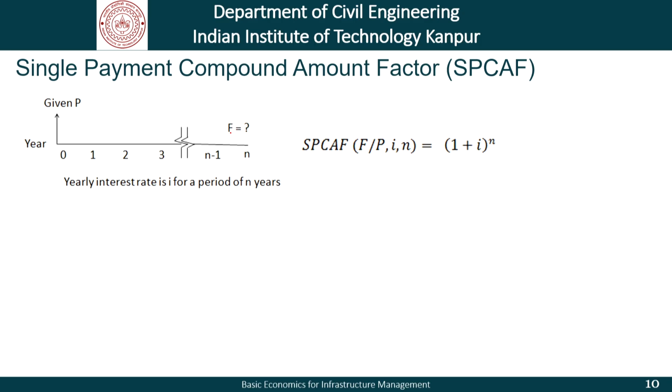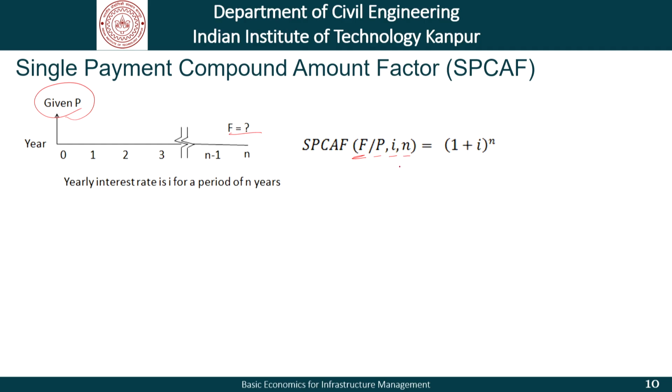Now, to explain some of these ideas here in single slides, what is a single payment compound amount factor? What it basically says is: what is the F given P, I and N? What are P, I and N? P is a certain amount of money invested at a certain point in time.